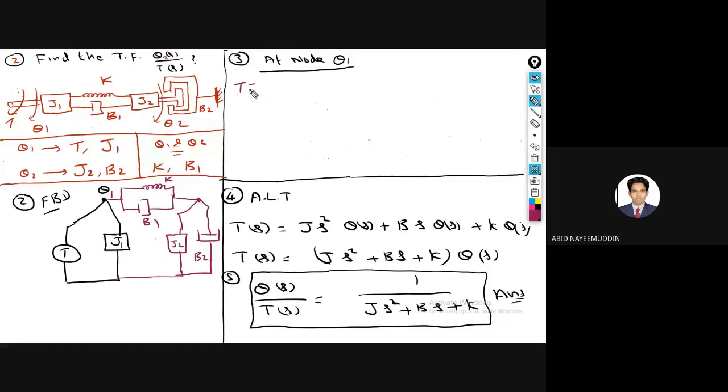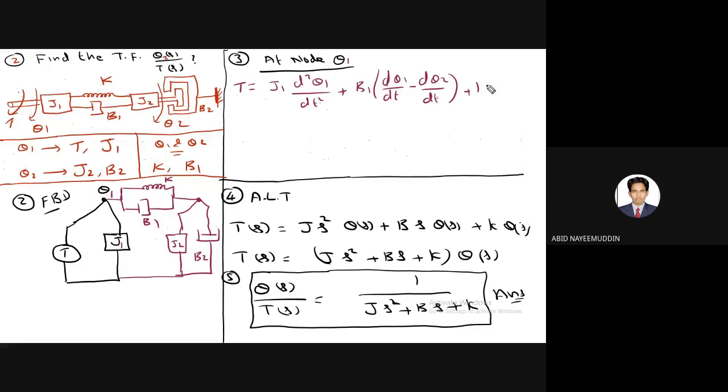T is equal to J1 into d square theta 1 by dt square, plus there are two common elements: B1 into d by dt of theta 1 minus theta 2, plus K into theta 1 minus theta 2. Equation 1.